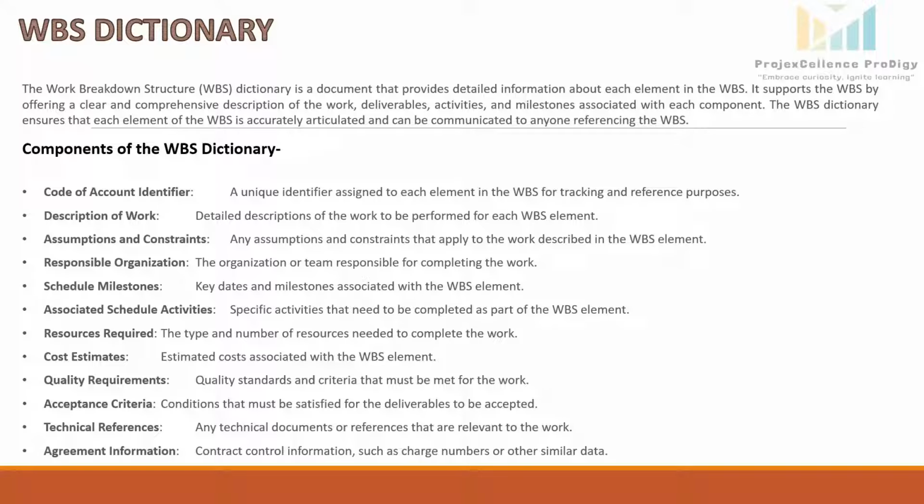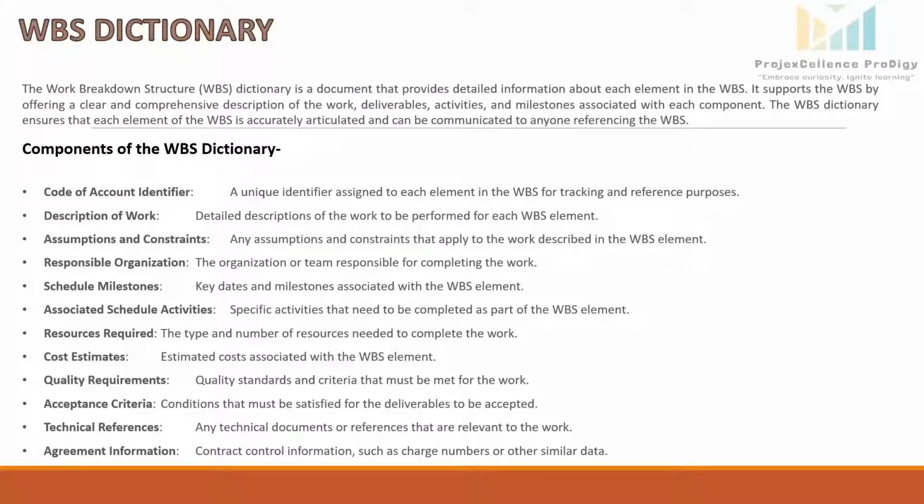Any assumptions and constraints that apply to the work described in the WBS element. For example, an assumption might be that weather conditions will be favorable for outdoor work, while a constraint could be the local building codes that must be adhered to.